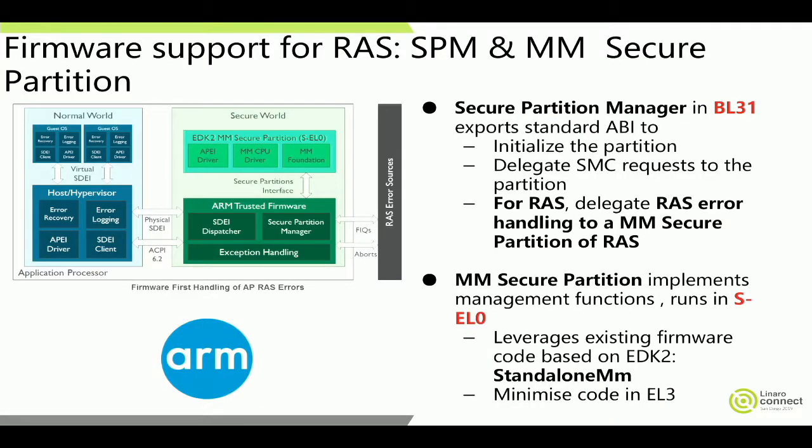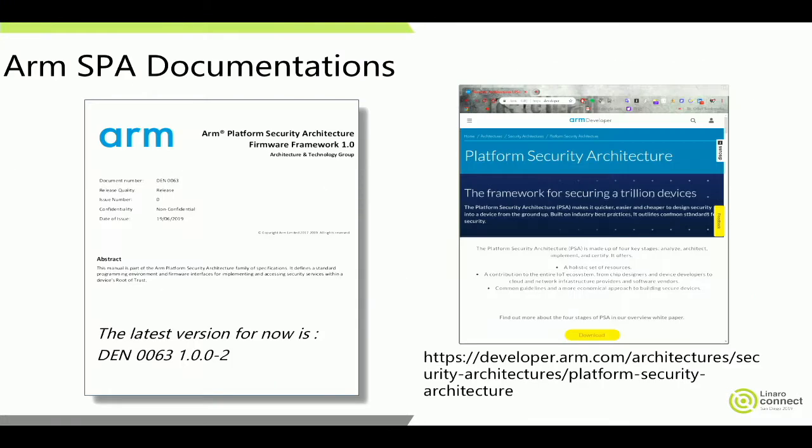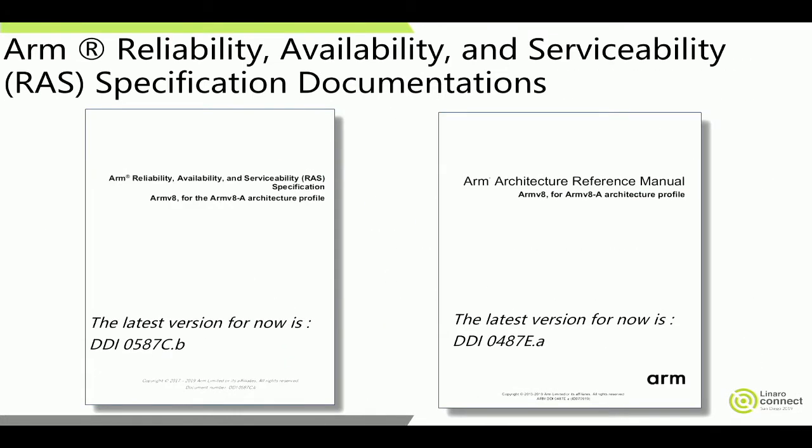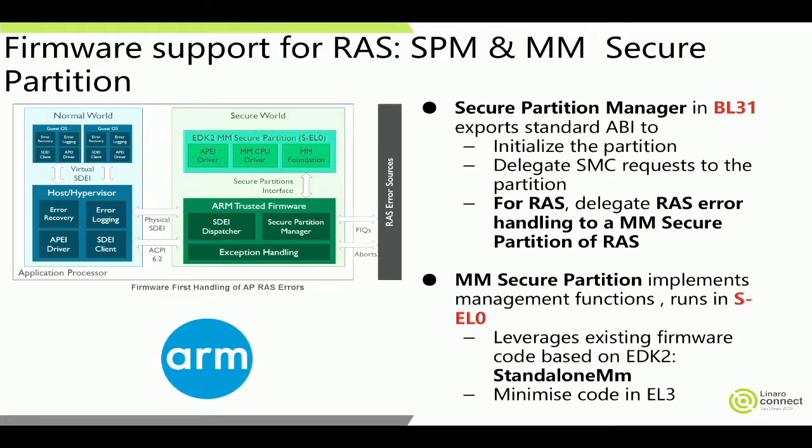After talking about hardware, we can talk about firmware support for RAS. Before the real things like APEI, we need to talk about the fundamental framework or functions we need to use in the firmware first mechanism.